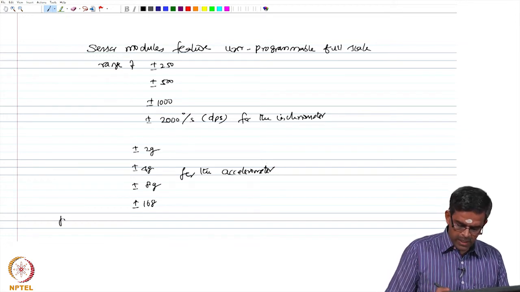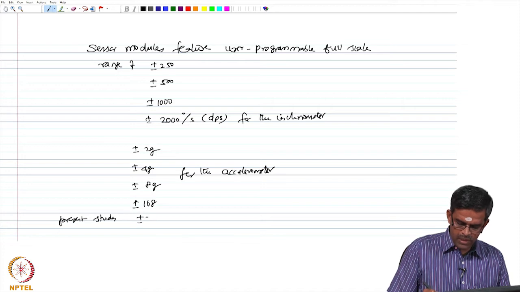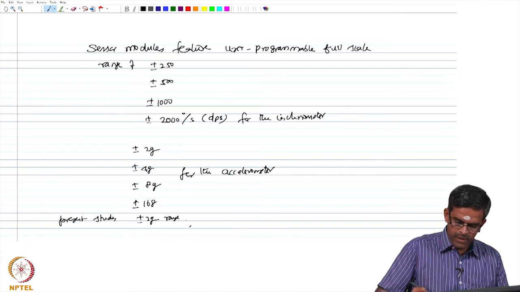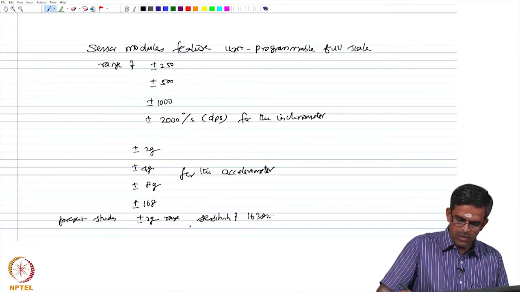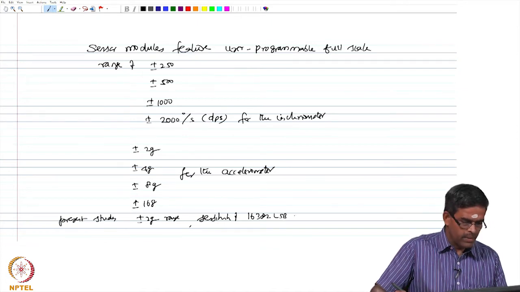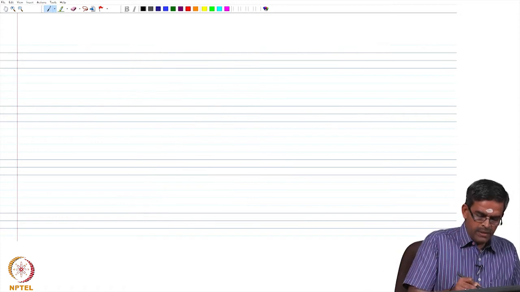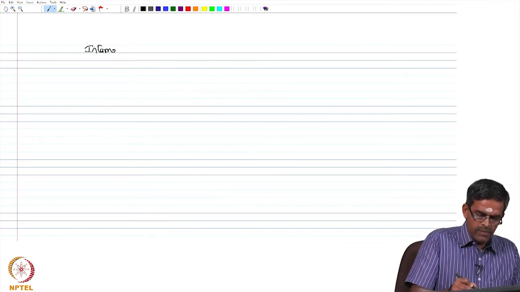So, the present study focuses on plus minus 2G range for accelerometer with sensitivity of 16382 LSB per G.